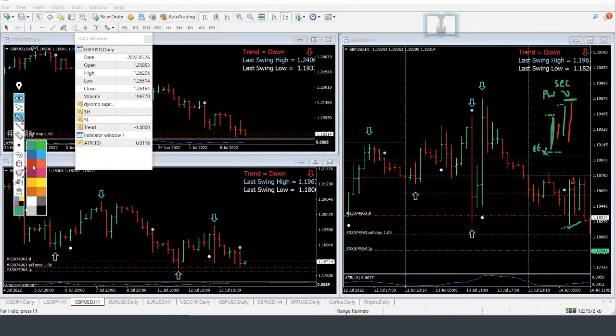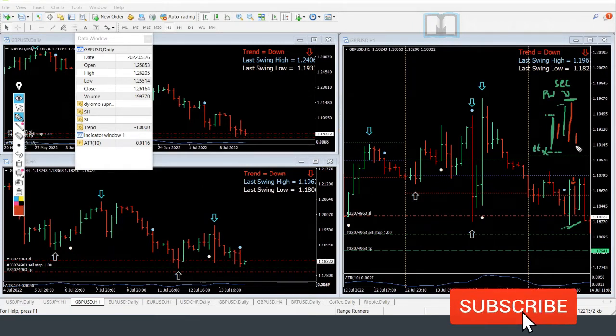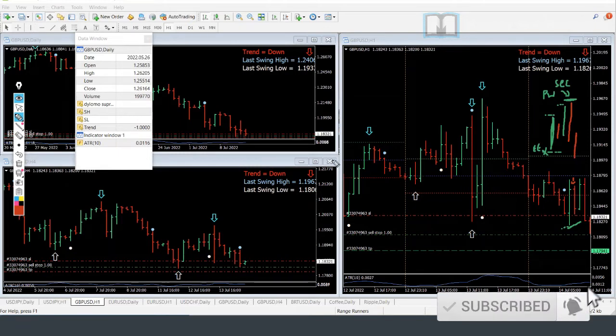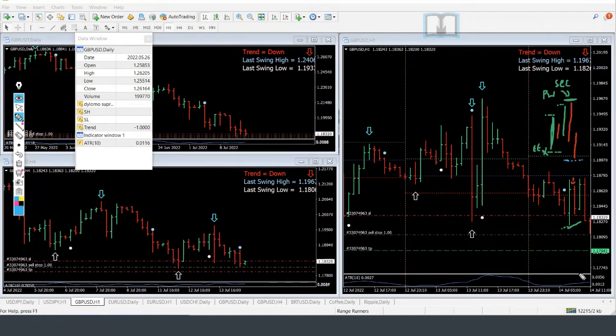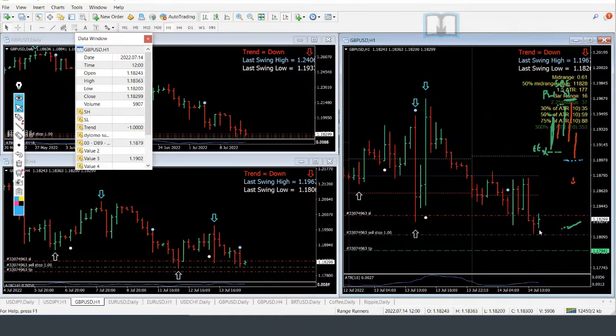So what we then do is we wait for a bar to take out that low. After that, we would put an entry for the low of that bar, which is what we have done as of now. So we have put an entry for the low of that bar, which is 11813, 11812, and a stop loss for the high of that bar.